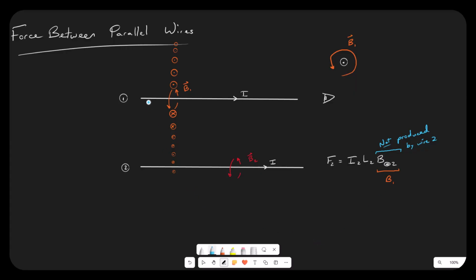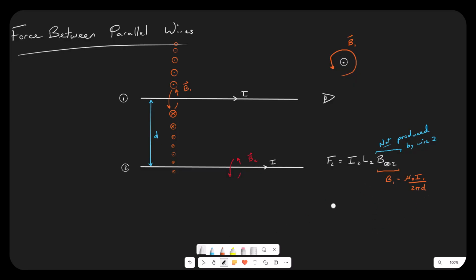Now I need some pieces. If these wires are a distance of d apart, then the magnetic field due to wire 1 at the location of wire 2 is going to be mu naught I1 over 2 pi times the distance from wire 1, which is d.